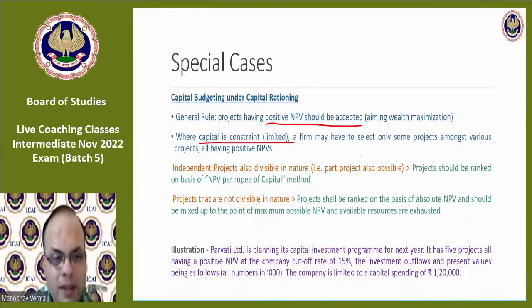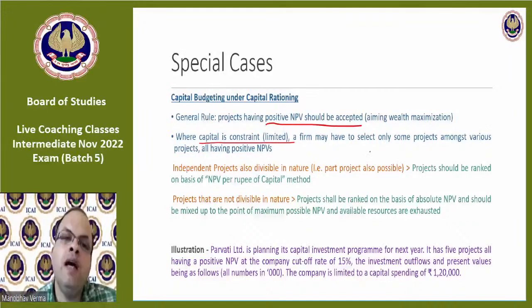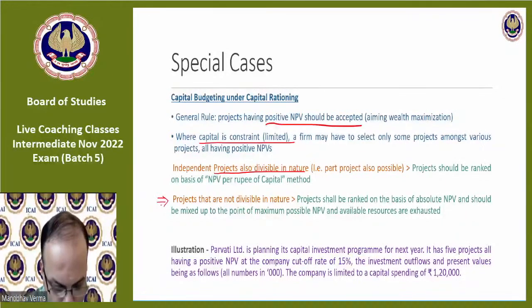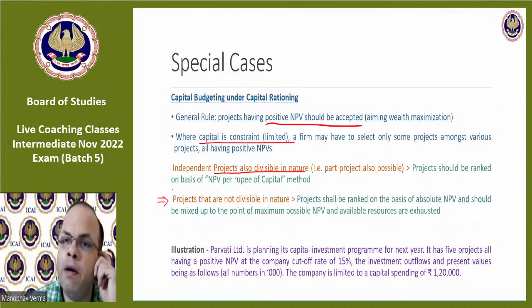Now, one factor which we need to consider in this case is, in case we have multiple projects in front of us to evaluate, is any project of that nature that it may be taken in part, or can there be a project which is divisible in nature? Now, that could be a possibility hypothetically, but what if realistically the projects are not divisible in nature? I would like to talk about this part first.